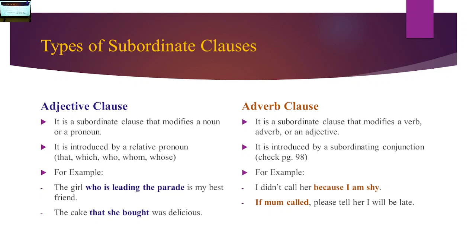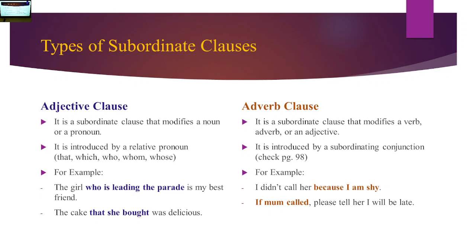So for example, when you say, the girl who is leading the parade is my best friend. So, "who is leading the parade": you have a subject, who, and you have the verb is leading. Still, this clause is a subordinate clause.